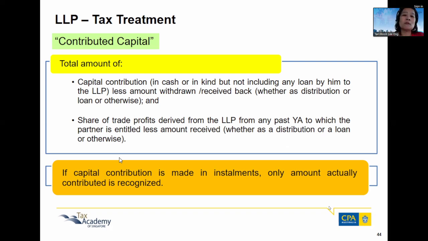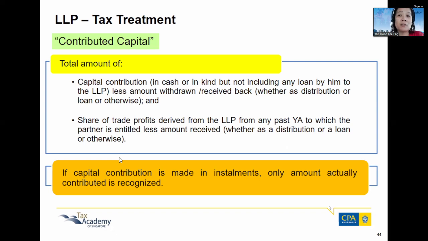they will think it is incremental. For instance, on 31st of December 2021, he has contributed capital of 50,000. Later on, on 31st of December 2022, it increased to 70,000. So the contributed capital as at 31st of December 2022 is actually 70,000.